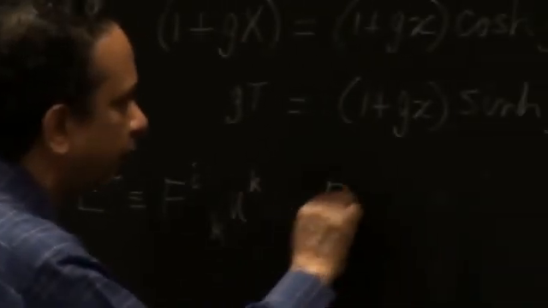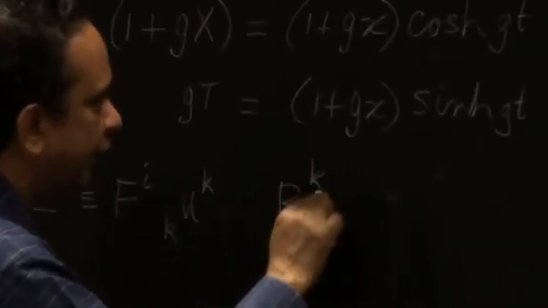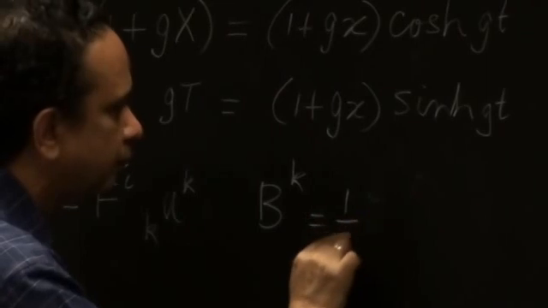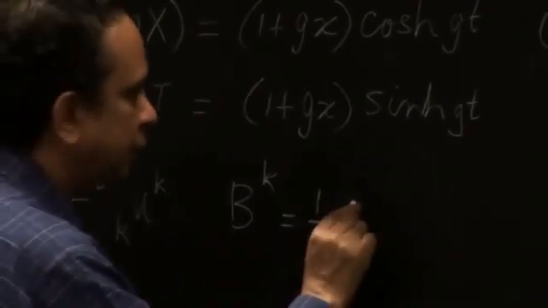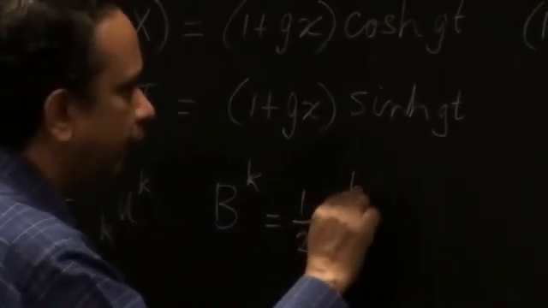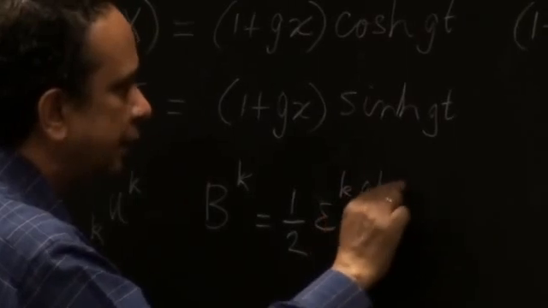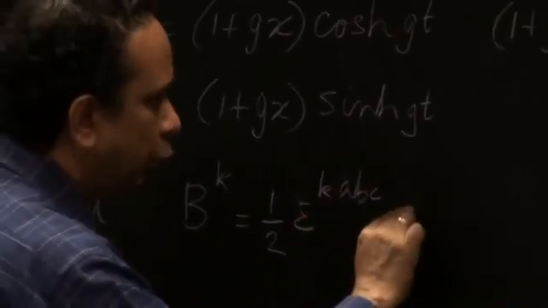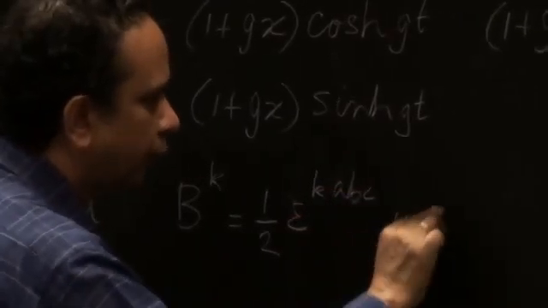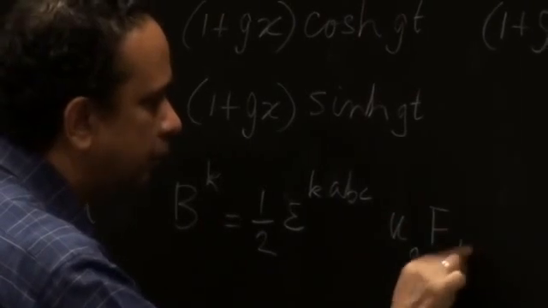And given this, you can also define a magnetic field. Let me just give you the expression for that. The magnetic field is B^k, let us say, half epsilon^{kabc} u_a F_bc.